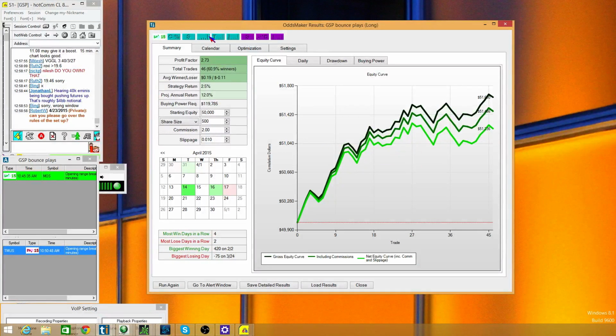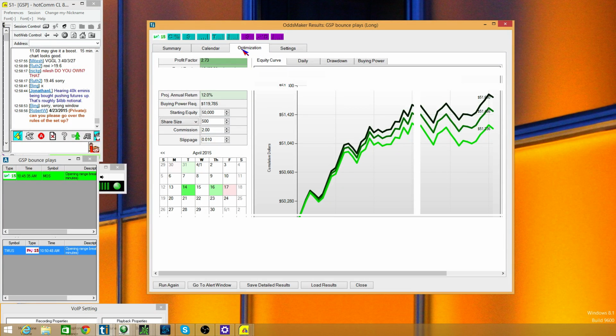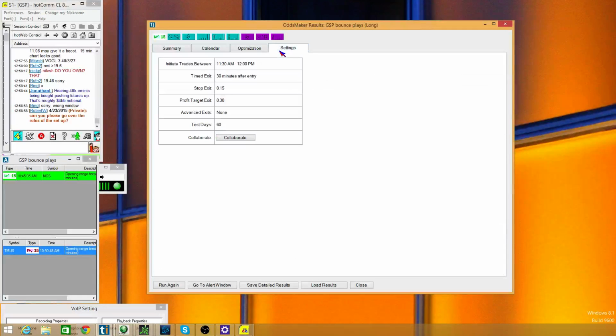And we're looking for, again, volume requirements and volume ratio requirements, which means we want it doing above ordinary volume. We're simply looking to take an opening range break. Again, the timed exits and stuff are things that we can tweak, but a 15-cent stop, 15 to 20 cents seems to be ideal.